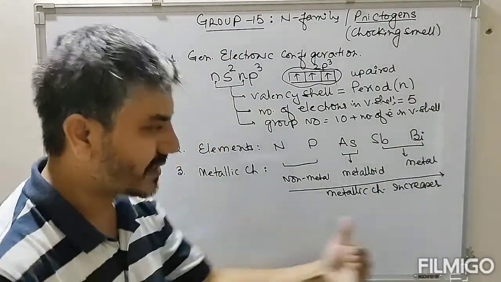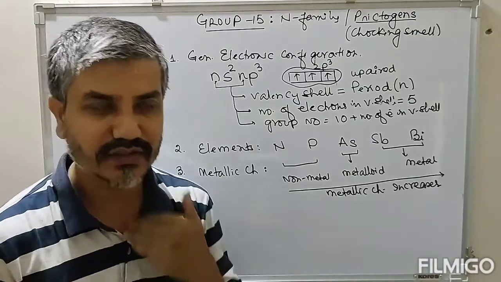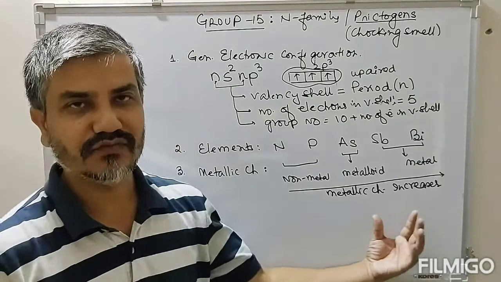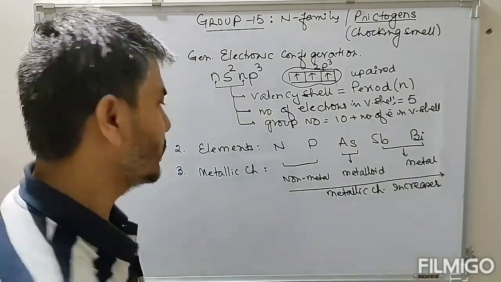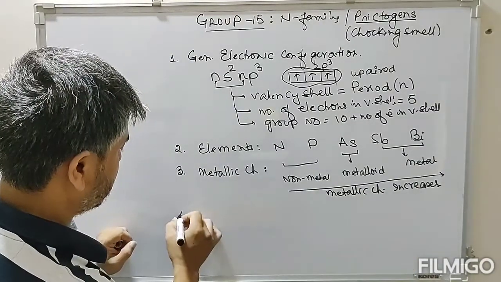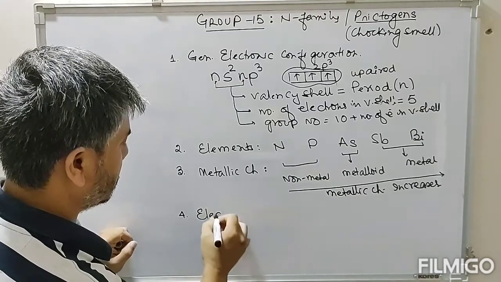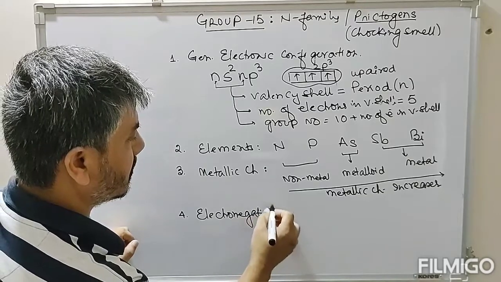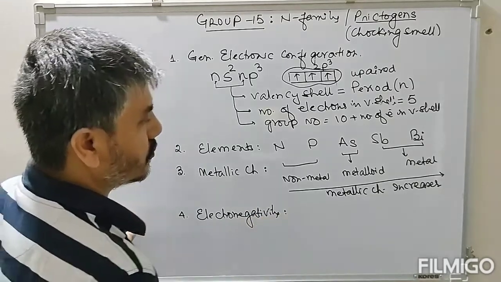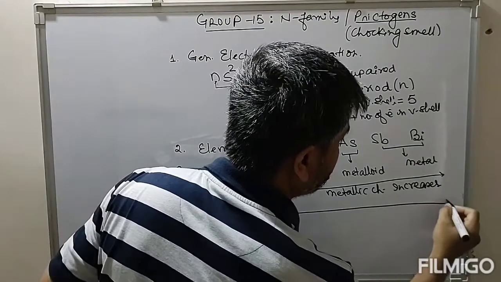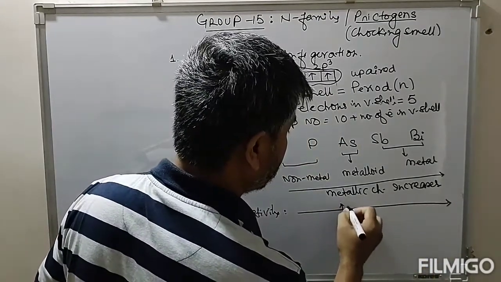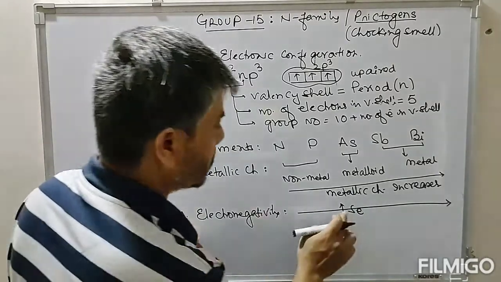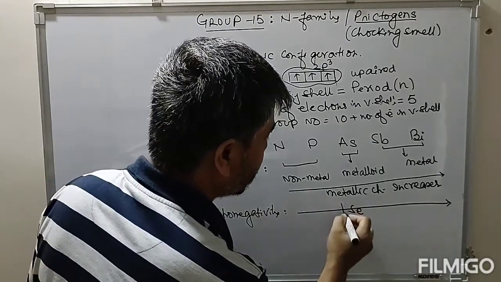As the metallic character increases down the group, the electronegativity of these elements will decrease down the group. Electronegativity: down the group, electronegativity will decrease.